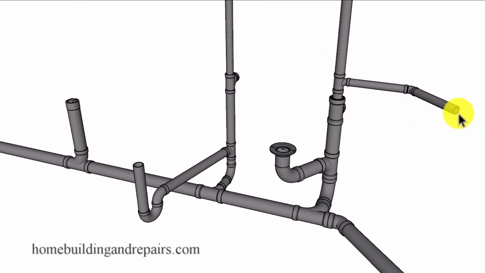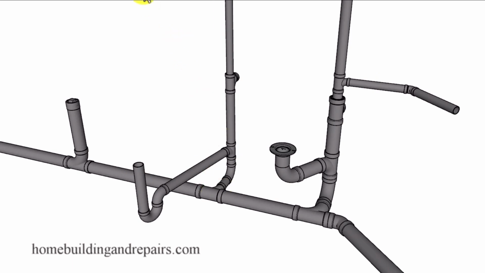So if I had a clog anywhere in this area here, the sink wouldn't work, but everything else would. If I moved the clog over to this area here, the toilet and the sink won't work, but everything else will. If I move the clog to this area here, everything behind here throughout the rest of the house won't work, which would be the toilet, bathroom sink, washer and dryer drain line, and the kitchen sink. However, our bathtub or our shower here would be working just fine.